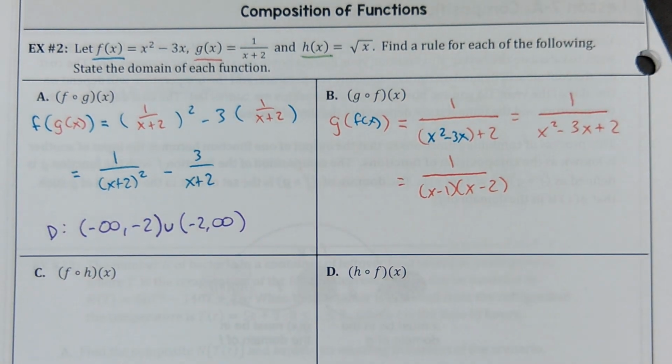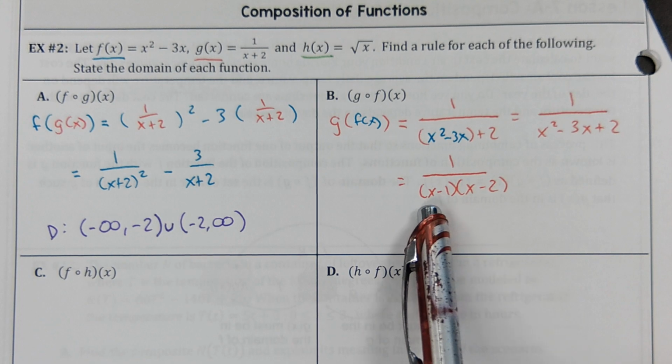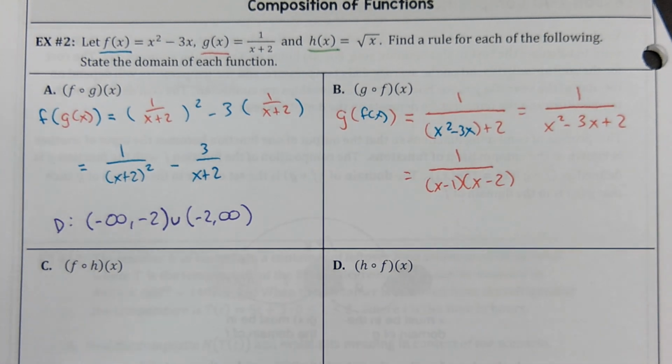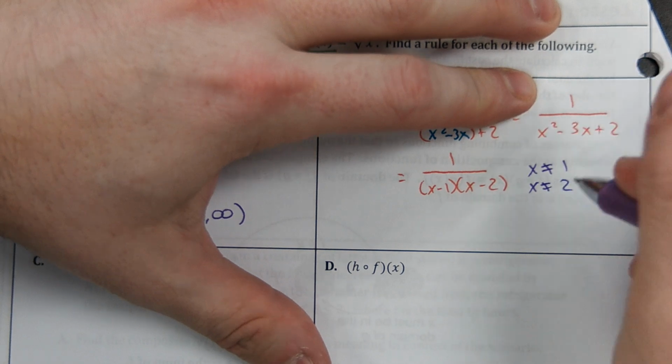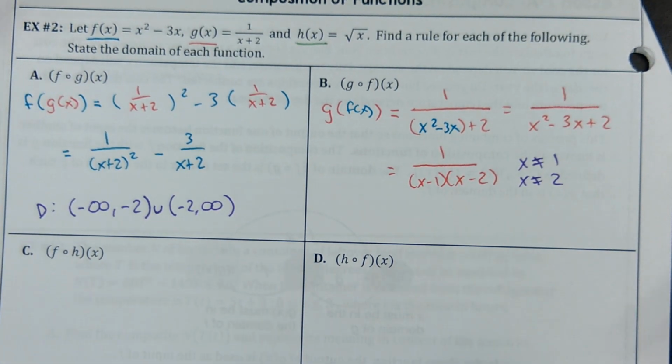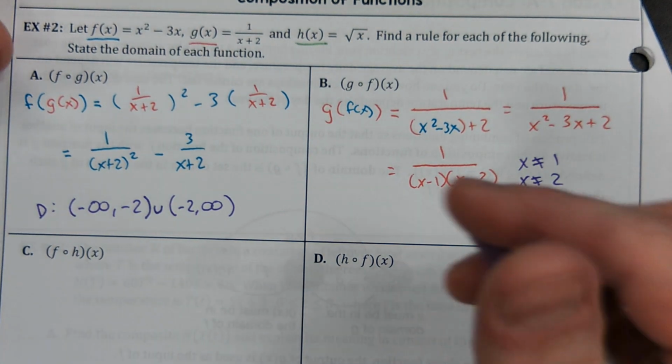And since my denominator is in factored form, I can see there's actually two numbers that would have made the bottom equal 0. I can see x can't be 1 and x cannot be 2 either. So then how would we write that in interval notation? Very simple. Union symbols around the 1 and around the 2. So we have two unions.